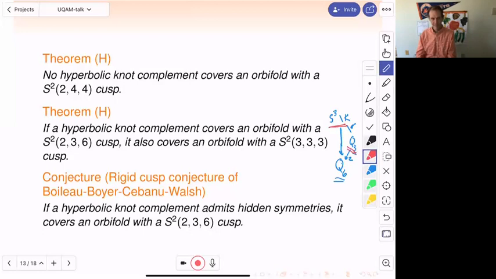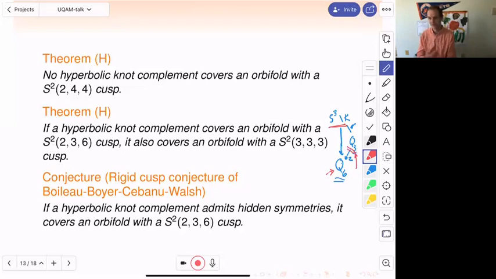And part of the challenge for all of these kinds of questions, as I said before, is that we don't have a wealth of examples. In fact, even in terms of looking at good candidate orbifolds for Q6 or Q3, it's pretty challenging and difficult to find things that might fit into that picture.